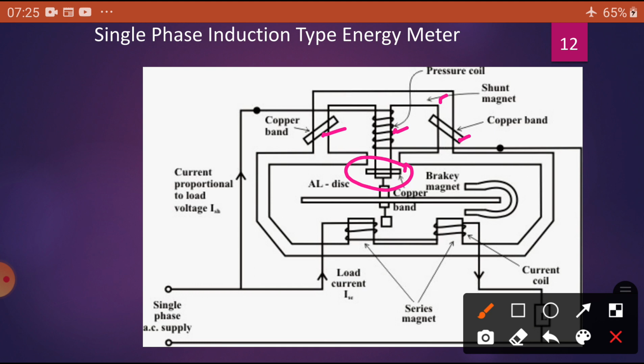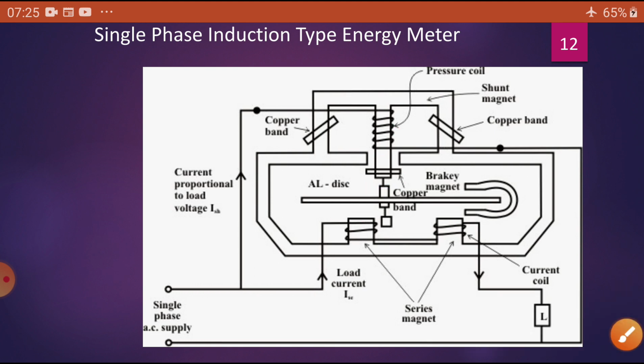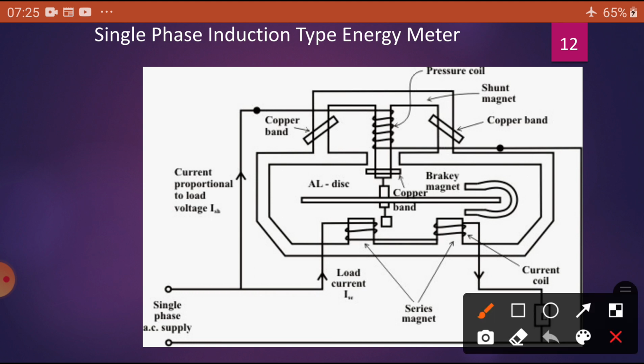At the same time, this is the series coil to know the current. The series coil is connected in series with the load. Here L is the load. These are the electrical connection diagram of a single phase energy meter, and you can see this aluminum disc here, placed in the bearings. There is a lightweight spindle.